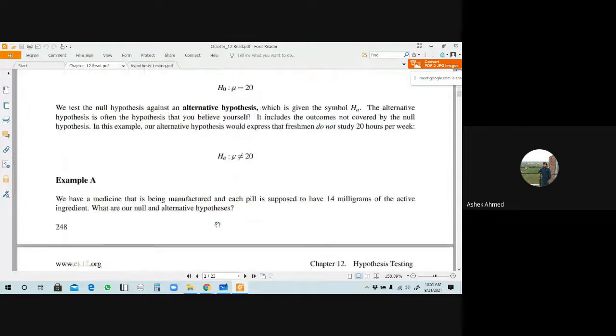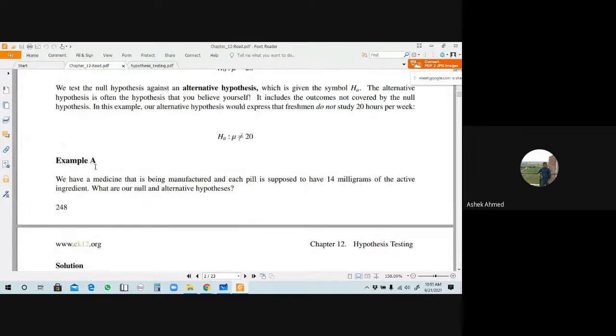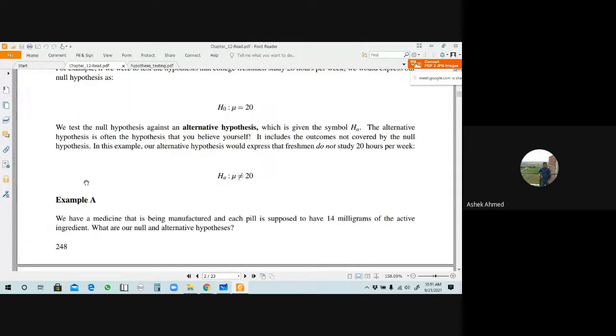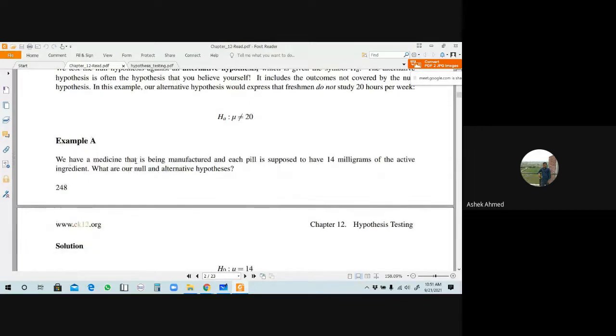In example number 1, we have a medicine that is being manufactured and its pill is supposed to have 14 milligrams of the active ingredient. What is being said here?